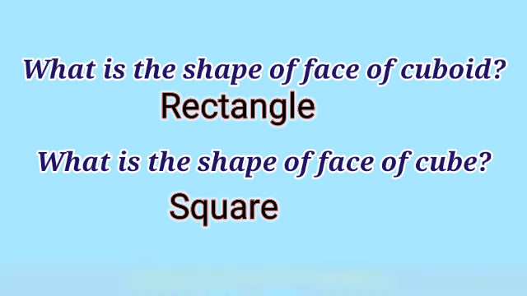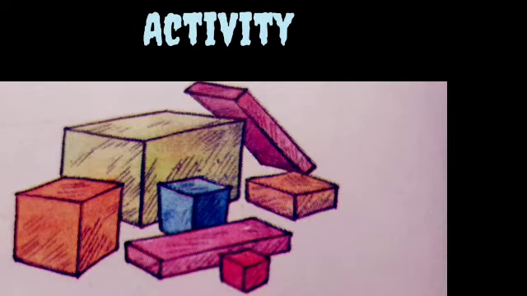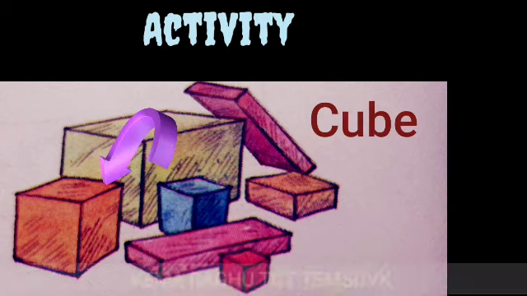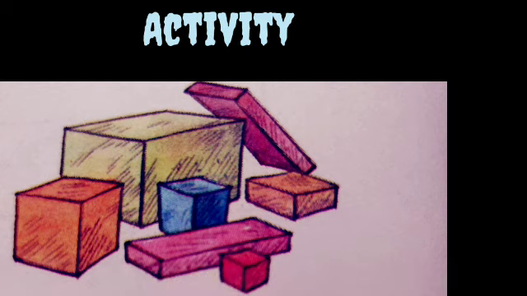Now let's see by an activity. Here you have different boxes. Let us identify them. Now you can see here a red color box, which is a cube since its face is square.